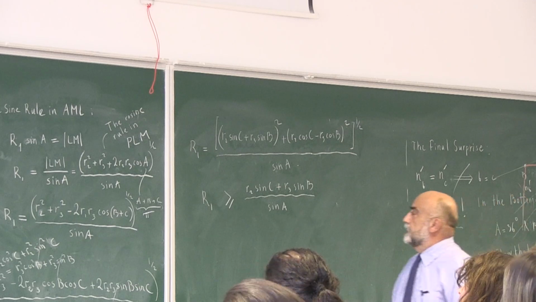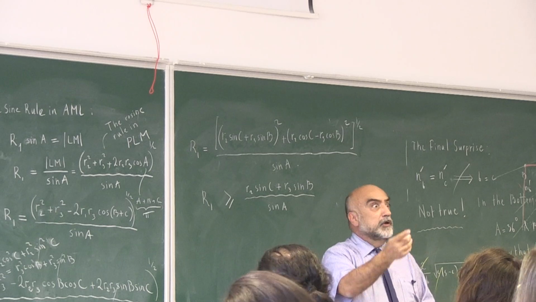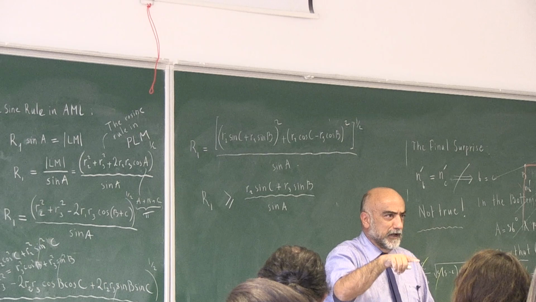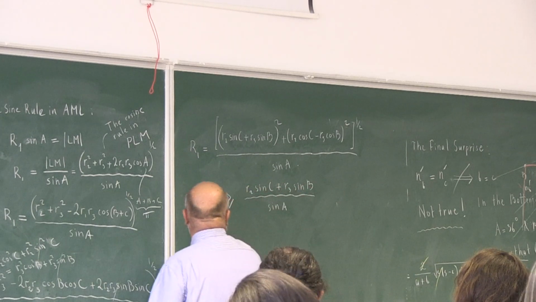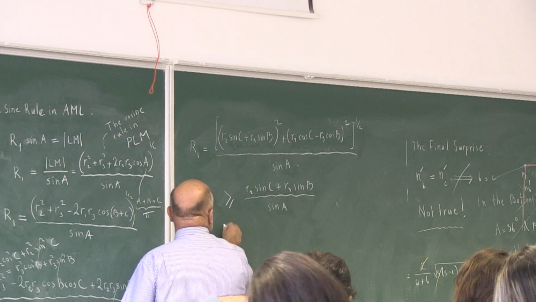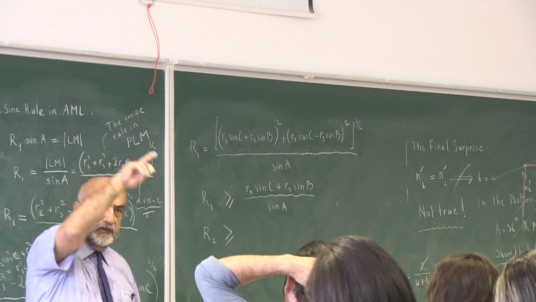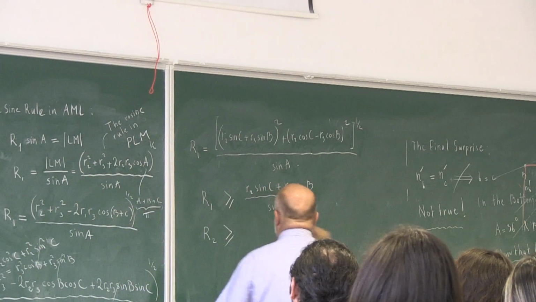Now children, I can, as I told you the very first day, make use of good cyclically arranged notation so that you don't have to repeat the computations. Now I can do the same thing with R2, and what do I obtain? 1, 2, 3, 1, 2, 3. It's counterclockwise fashion. I shall ABC, 1, 2, 3.